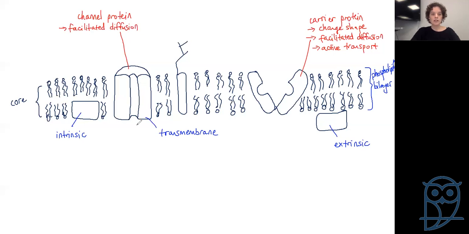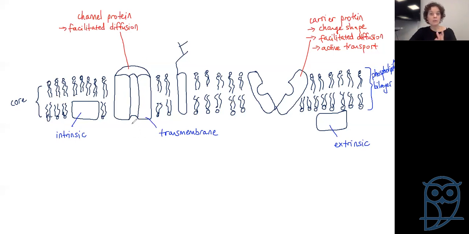Because what we've got here is a channel in the middle. It's protected from this hydrophobic core of the membrane. So if we have protection from that hydrophobic core, we can have a hydrophilic channel. So our ions and other small hydrophilic molecules can move through. Aquaporins are quite a nice example of channel proteins because they are special channel proteins just for water.